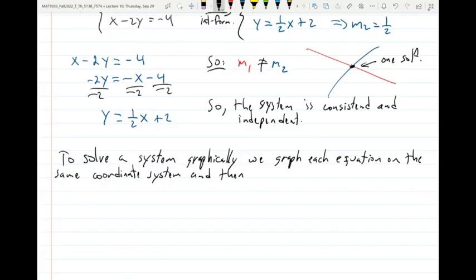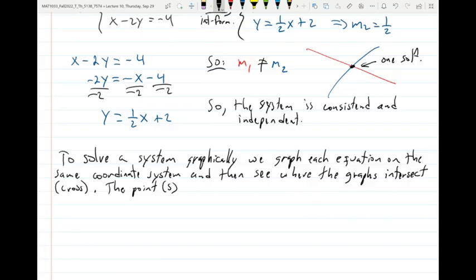And then see where the graphs intersect or cross. Where the graphs intersect. So intersect means cross. Okay, where the graphs cross, the point, or maybe points, because this is in general.